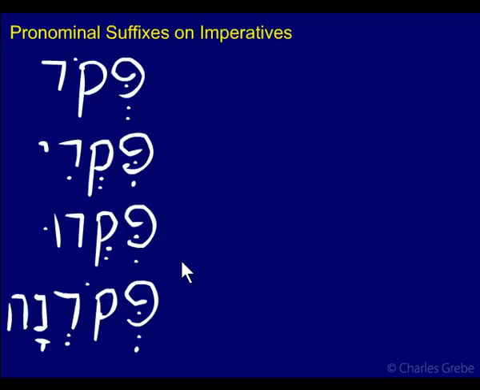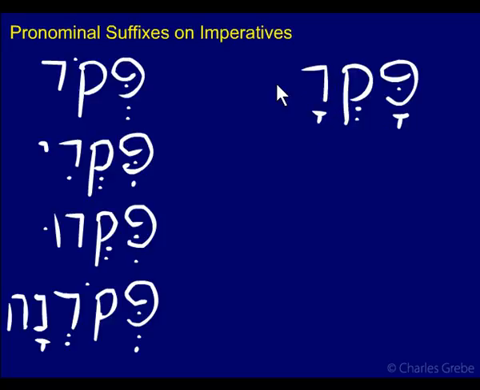We also noted that there was something called the lengthened imperative, which was an alternate form. And so instead of having pikod, we had this form that had the qamets hatuf. So we had pokd, where this is a closed unaccented syllable, so this sign here is qamets hatuf. Pokda.